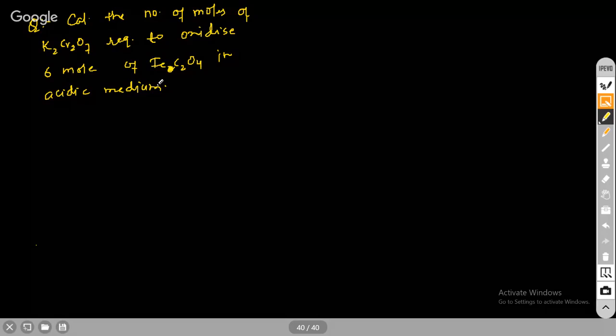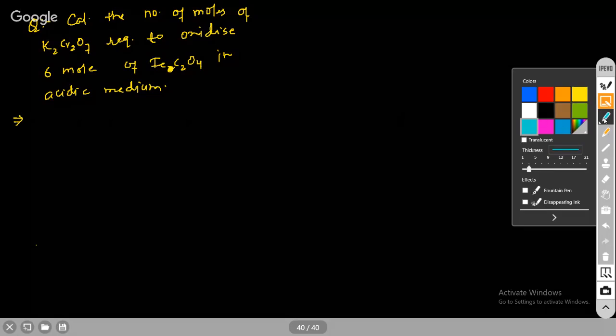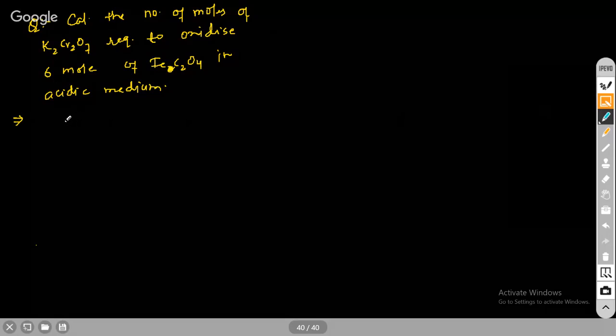Again, you see, we have to equate the number of equivalents. The two substances which are reacting here: K2Cr2O7 and FeC2O4. So we can write the number of equivalents of K2Cr2O7 is equal to the number of equivalents of FeC2O4.